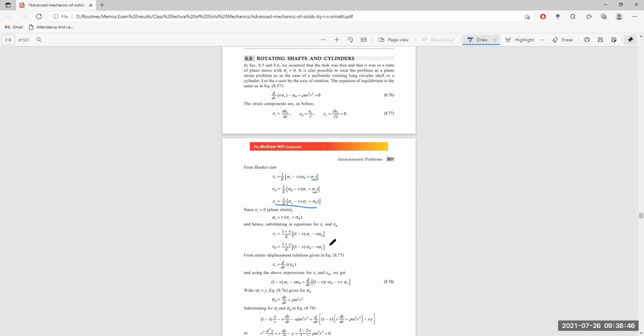From the strain displacement relation we know epsilon r is d by dr of ur and epsilon theta is ur by r. It's already given in the earlier equation here.